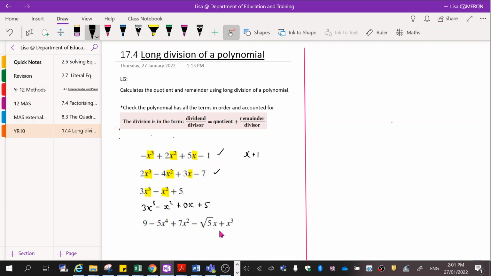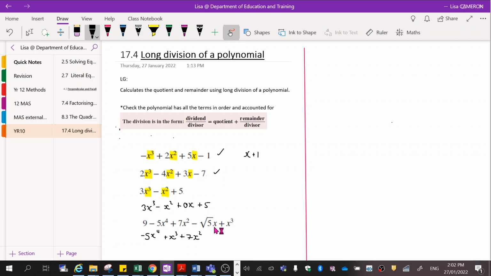Now, this one below here, it's pretty easy to see what's wrong with it. It is not in order. So in order to put this in the correct way, it should be minus 5x to the fourth as the leading term of this polynomial. Then I'm going down, looking for my x cubed, plus x cubed. Then I'm looking for the x squared, plus 7x squared.